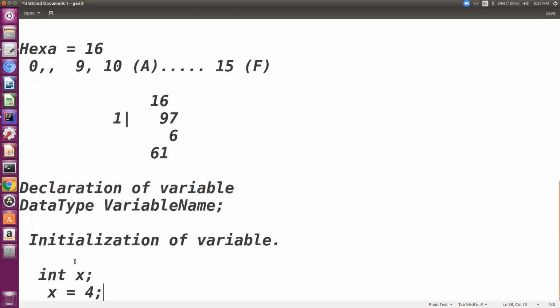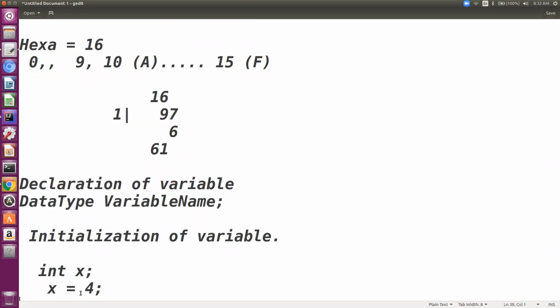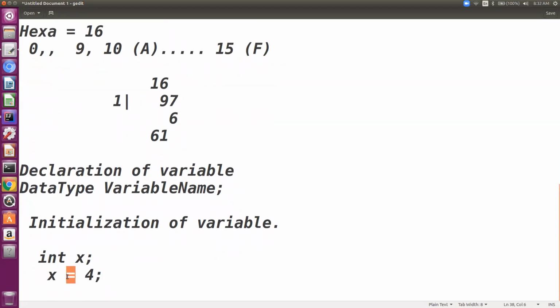Now in this case, the equal to is an assignment operator. That means whatever is the value present on the right side of the assignment operator, put it in the variable x.